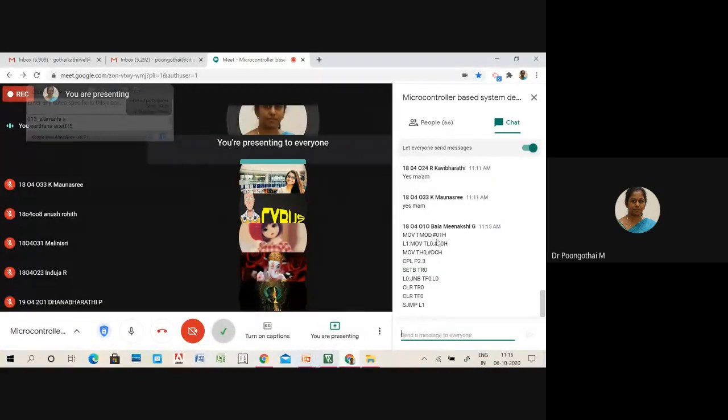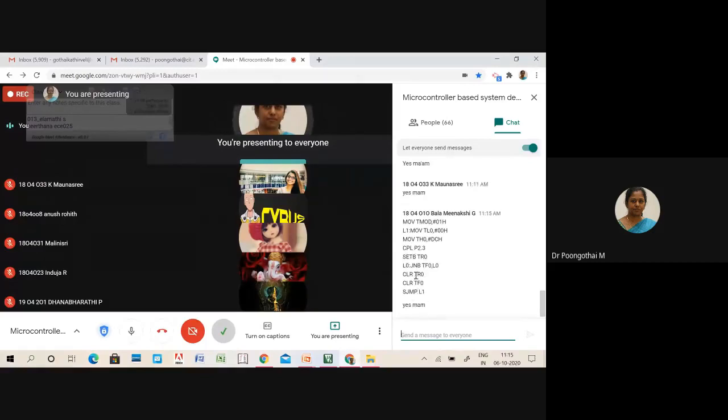Bala Meenakshi, the TMOD value is 10. Lower order 00, higher order DC. Complement P2.3, start the timer, jump on overflow bit. The code is correct, Bala Meenakshi.